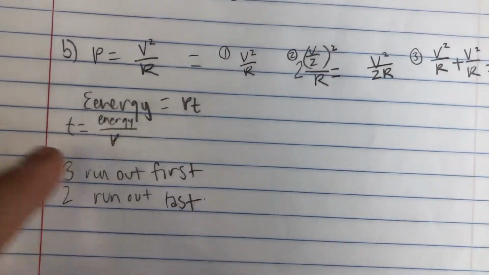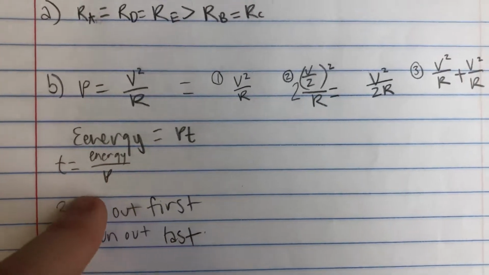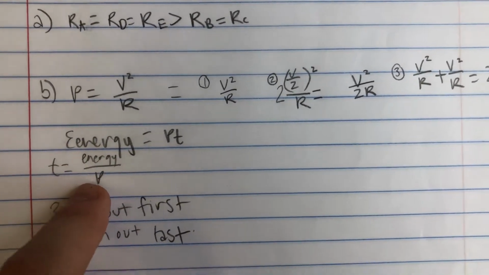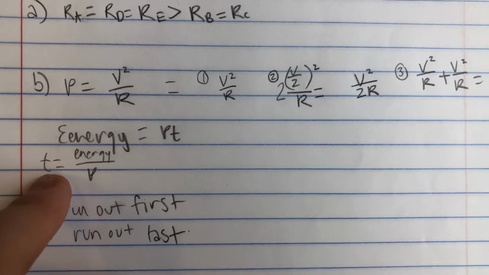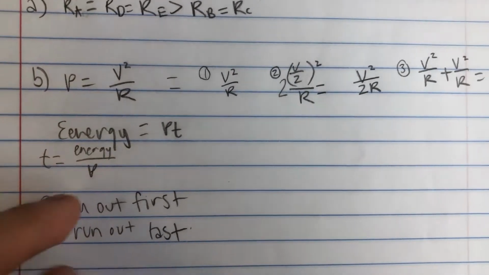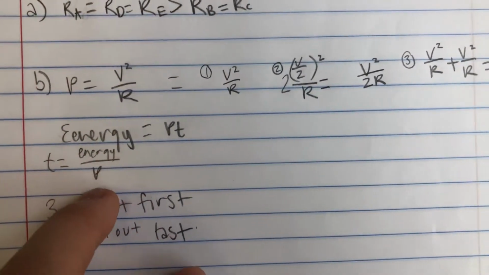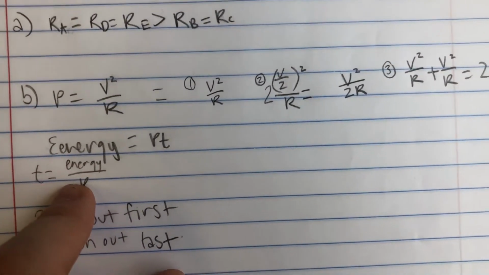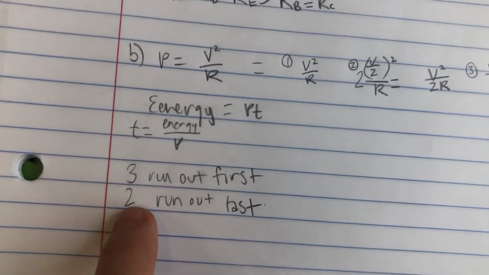And then you can rearrange this to become time is equal to energy over power, which means the bigger the power, the less time it will take for the circuit to run out of energy. So the greatest power will run out first. And you can see here that number 3 has the greatest power. So 3 runs out first.